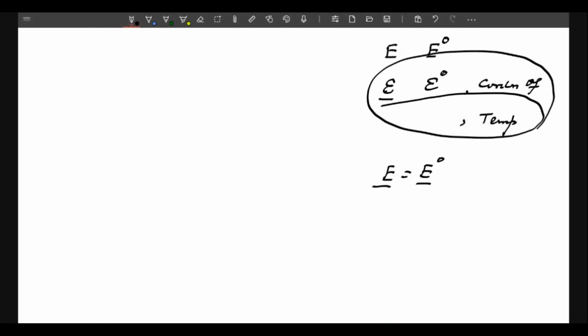And what is the Nernst equation? And how do we arrive at it? I think you know the Nernst equation. Is it necessary to derive the Nernst equation, or shall I take it for granted that you have derived it and you all know it? Tell me quickly.